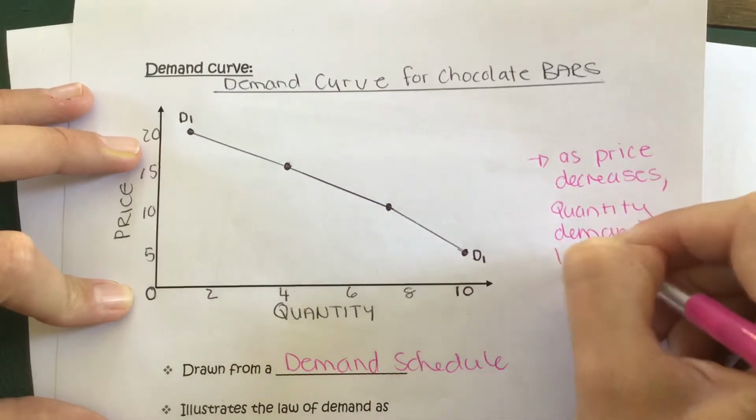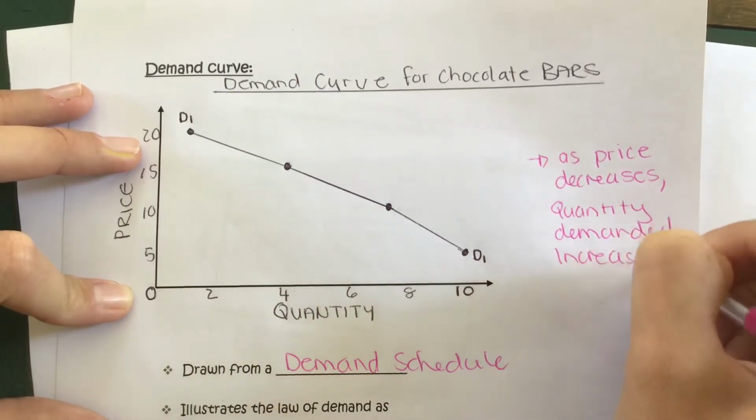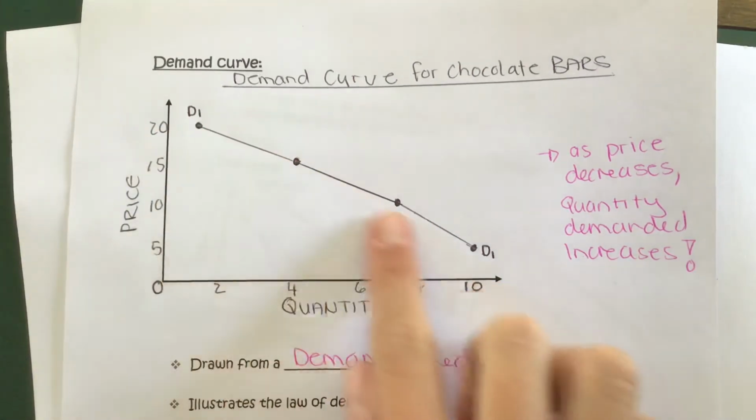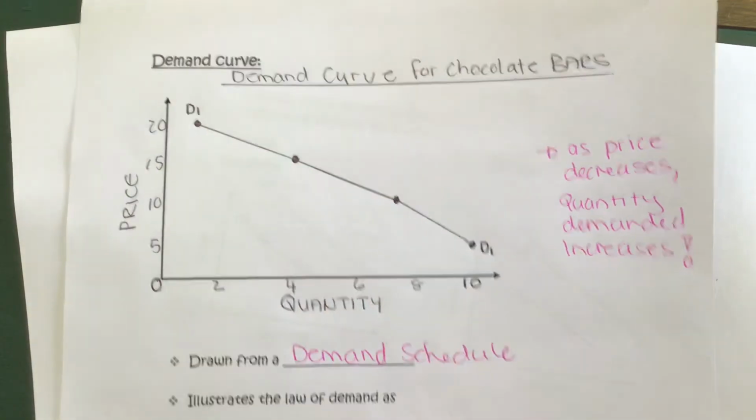And that perfectly represents our law of demand. Okay, why? Because it says here, and let's show, look how it's going down. So the demand curve always goes down, okay?